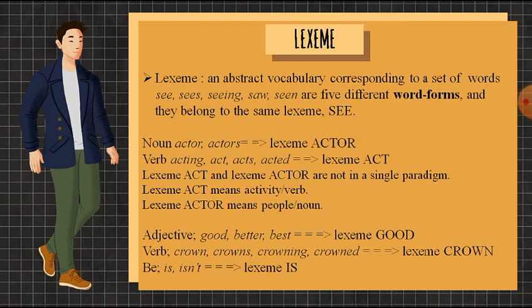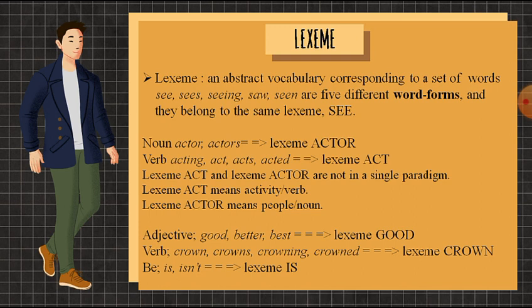Then we're going to move on to the next part: lexeme. What is a lexeme? A lexeme is an abstract vocabulary item corresponding to a set of words. For example, see, seeing, saw, seen. These words come from different word forms, but they belong to the same lexeme, which is see.